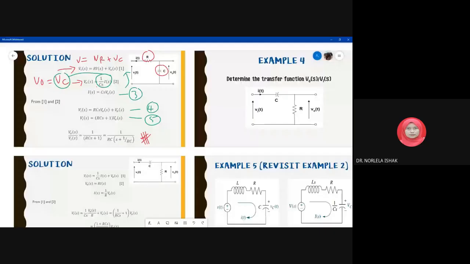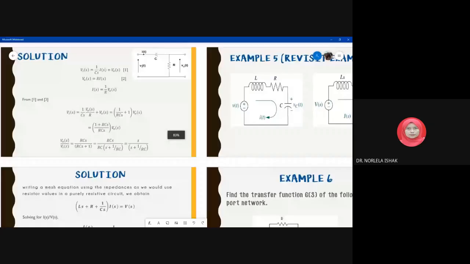How about example number 4? In example number 4, we want to define the output voltage per input voltage, V naught over Vi.